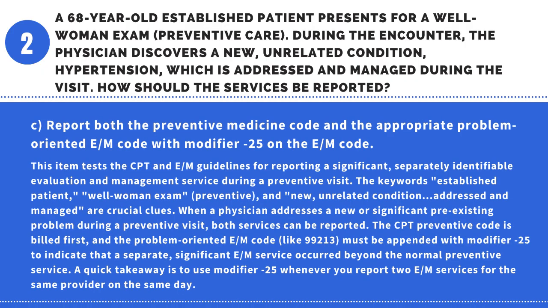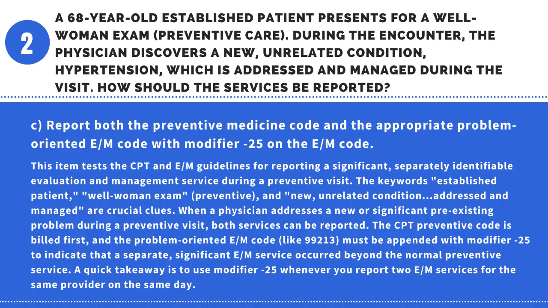Answer C. Report both the preventive medicine code and the appropriate problem-oriented E/M code with modifier -25 on the E/M code. This item tests the CPT and E/M guidelines for reporting a significant, separately identifiable evaluation and management service during a preventive visit. The keywords established patient, well-woman exam, preventive, and new, unrelated condition, addressed and managed are crucial clues. When a physician addresses a new or significant pre-existing problem during a preventive visit, both services can be reported.